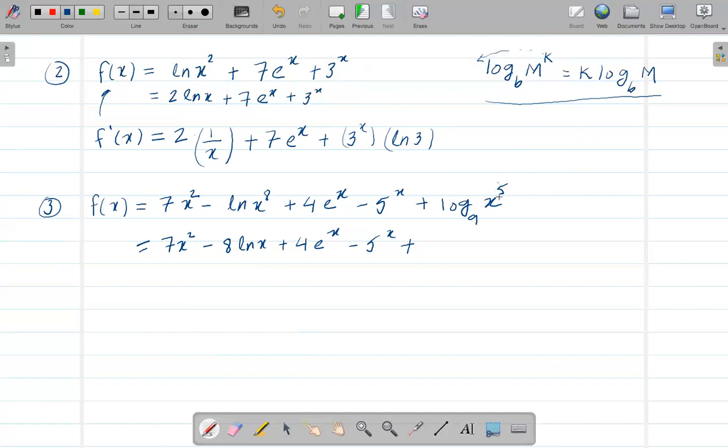So again, we can bring this 5 down here. So this will be 5 times log base 9 of x. All right, now after this, we can take the derivative of this.